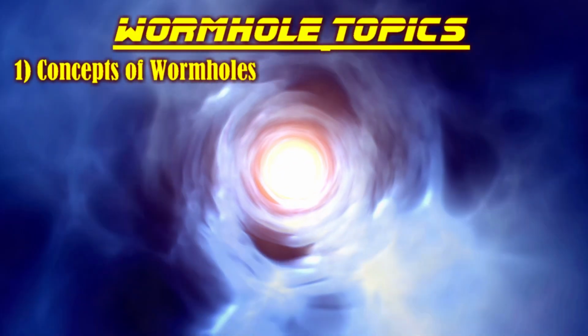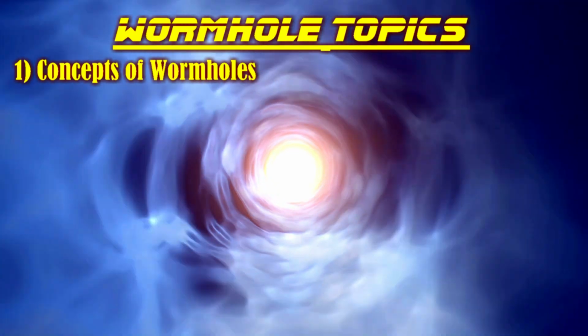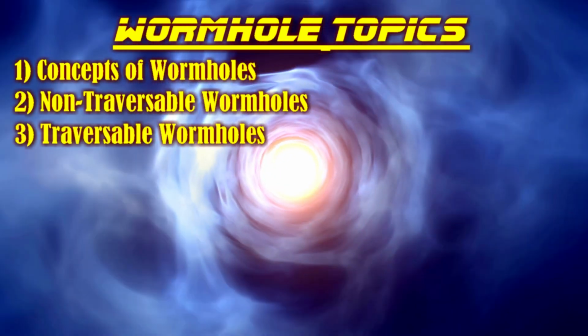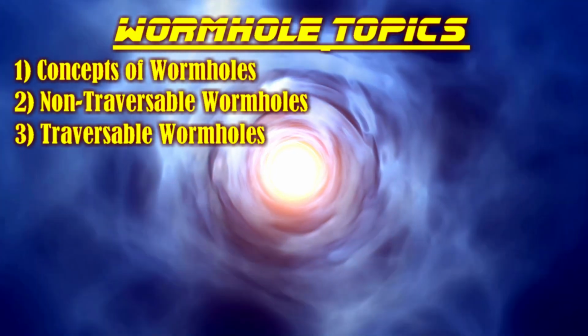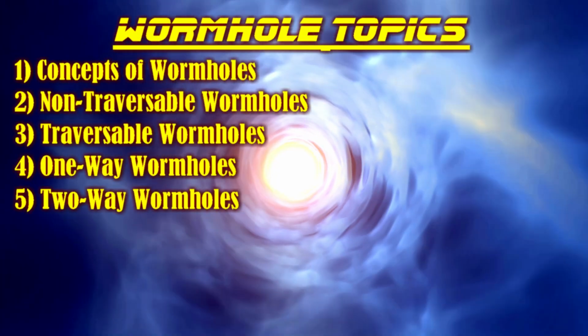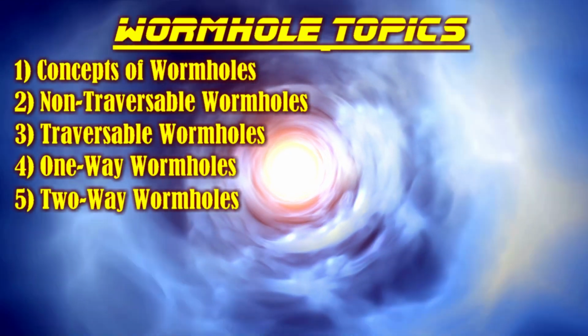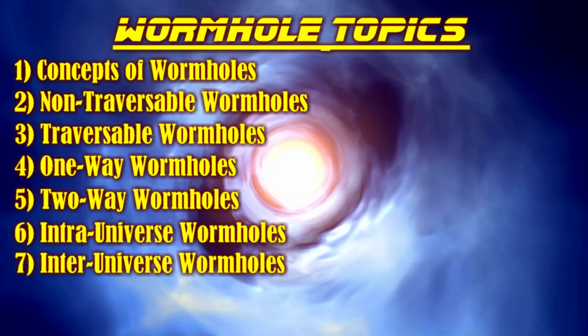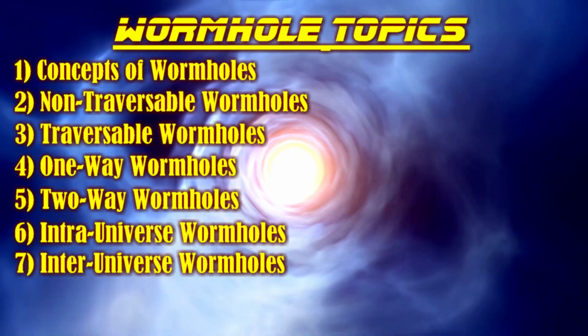Number 1. Basic concept of wormholes. Number 2. Non-traversable wormholes. Number 3. Traversable wormholes. Number 4. One-way wormholes. Number 5. Two-way wormholes. Number 6. Intra-universe wormholes. Number 7. Inter-universe wormholes.